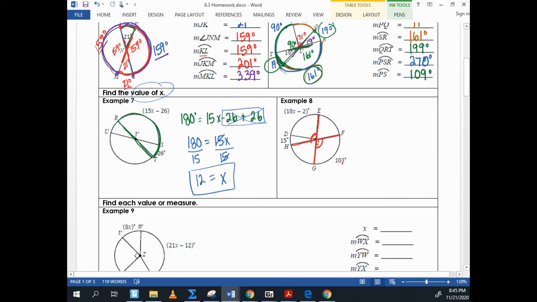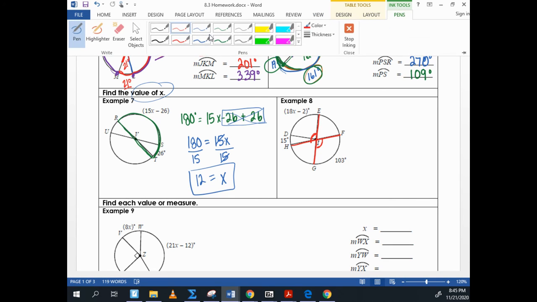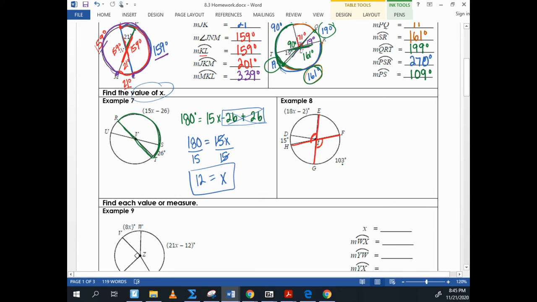Now remember, our central angles are the exact same measure as the arc measure. So if this arc measure from G to F right here is 103 degrees, then this angle right here, GIF, is equal to 103, which means this vertical angle is also equal to 103 right there.